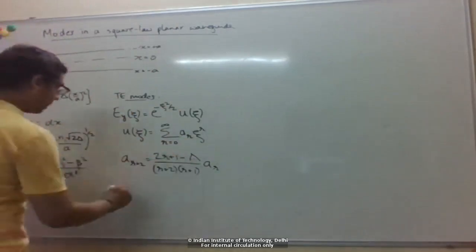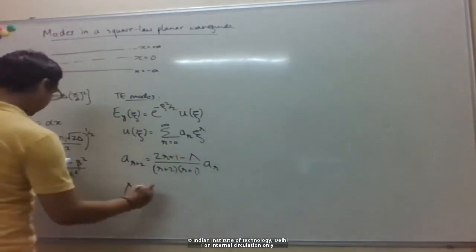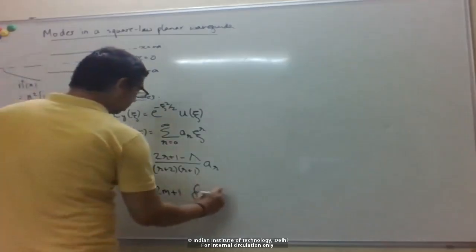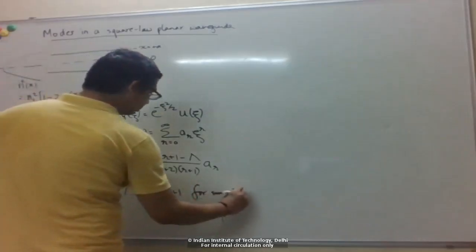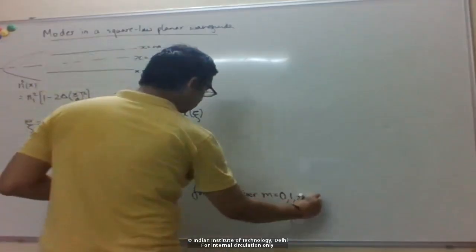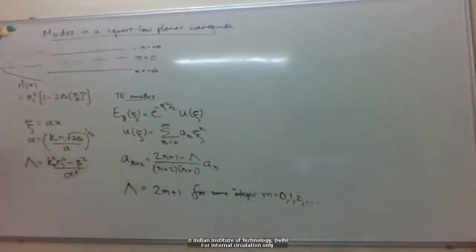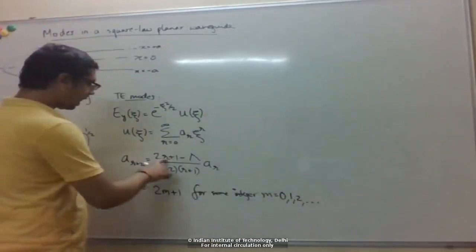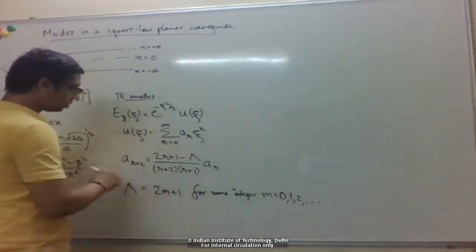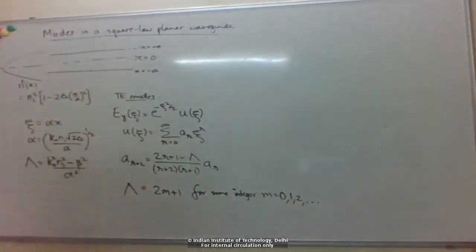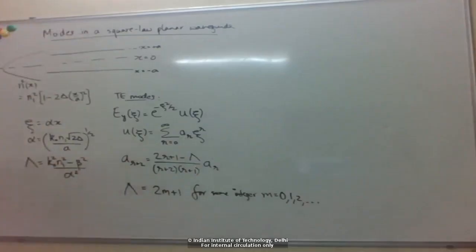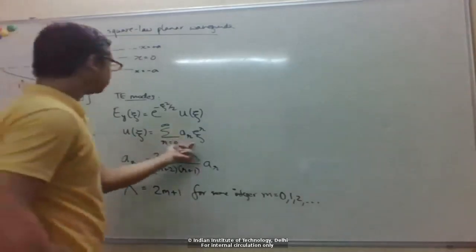So if capital lambda is an integer, 2m plus 1 for some integer m, where m can take values 0, 1, 2, and since r is also an integer, when r becomes equal to m, this coefficient will be 0. That means a_(m+2) and all further coefficients become 0, so only the coefficients up to a_m will exist. That makes the series finite, with only a finite number of terms.